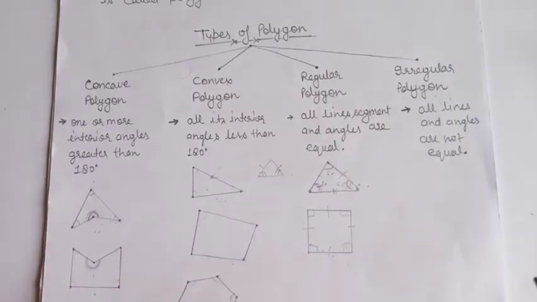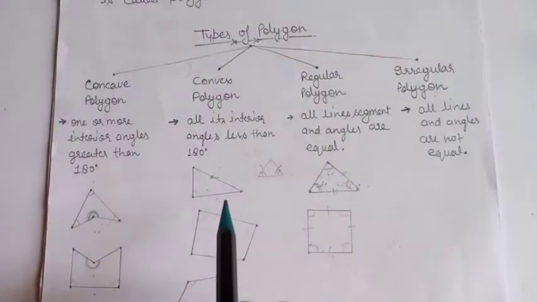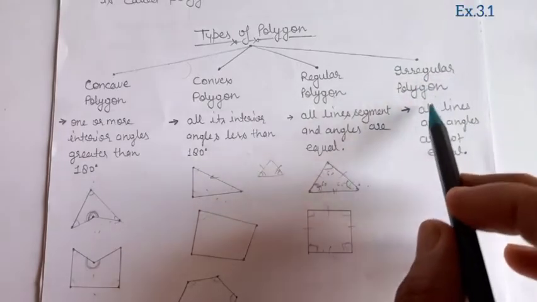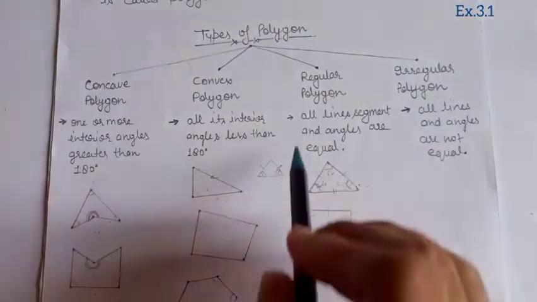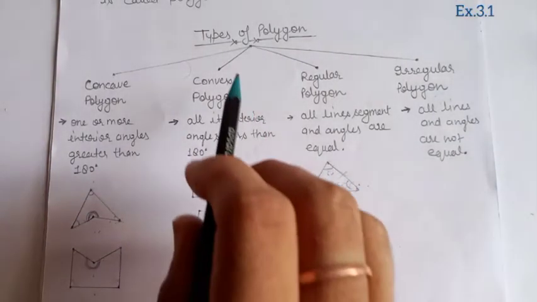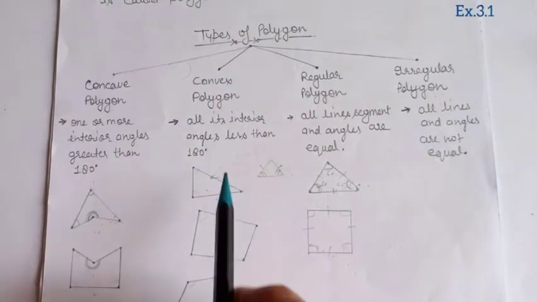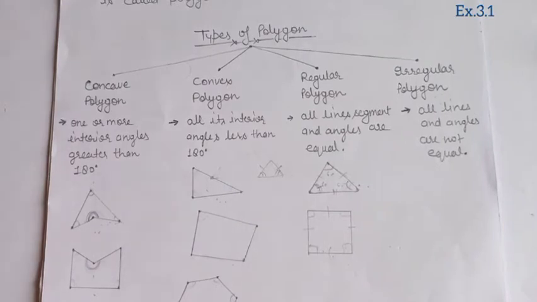Students, one thing we observe here: all regular polygons are also convex polygons. But a convex polygon is not always a regular polygon. Understood? So now students, this is just the introduction part of this chapter. With this you will be able to start the exercise and easily understand.